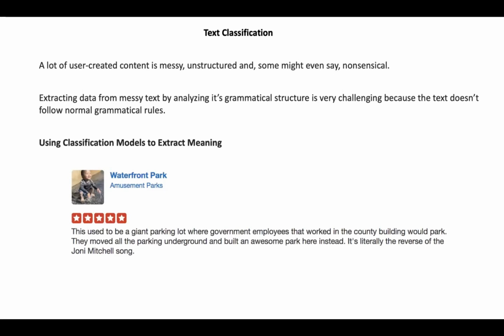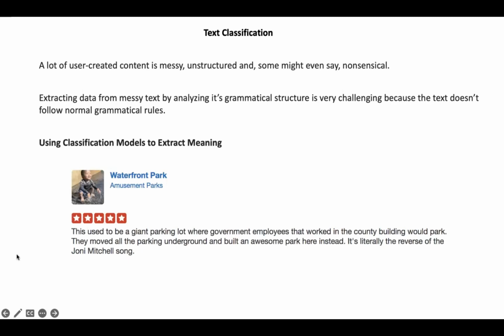From this screenshot, you can see that a five-star rating was given by one person. But if they had posted this review without a star rating, you would still automatically understand that someone liked the park from how they described it.